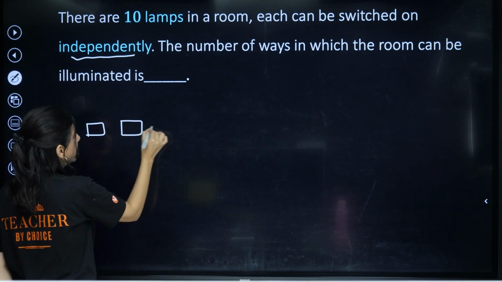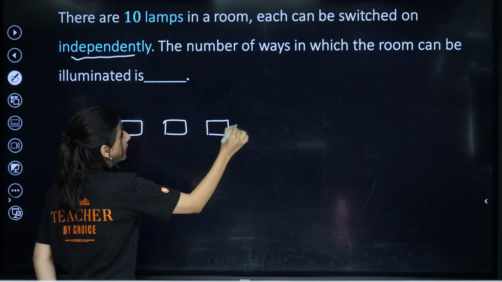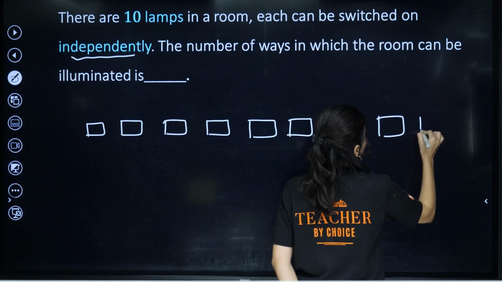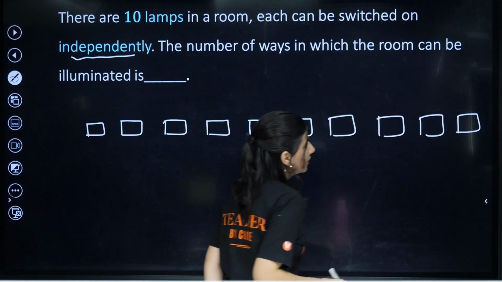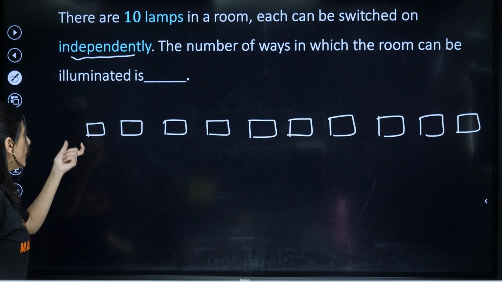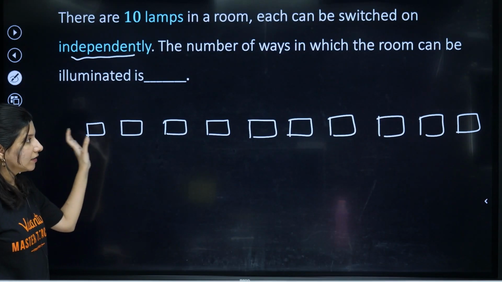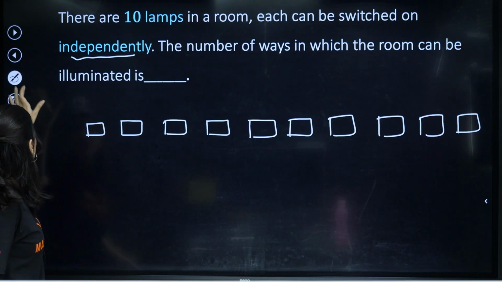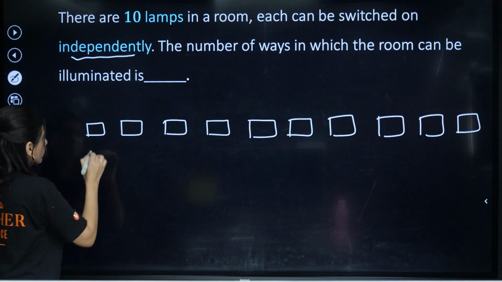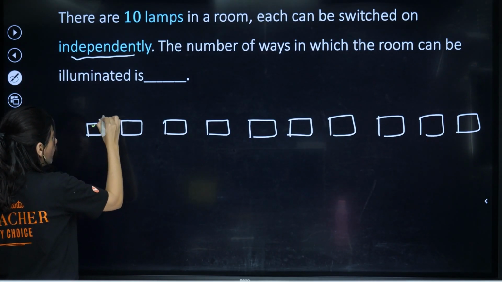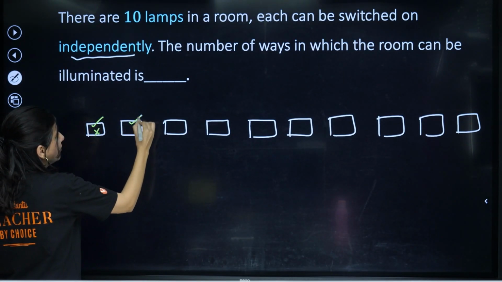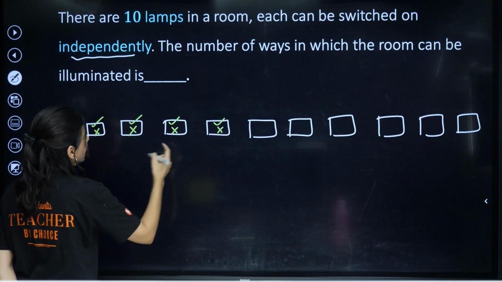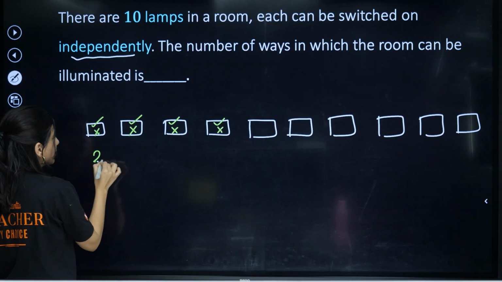Lamp 1, lamp 2, lamp 3, lamp 4, lamp 5, lamp 6, 7, 8, 9 and 10. Okay. So individually I will treat it, each lamp will be treated individually. If I talk about this lamp, it can be switched off or on. So this lamp has 2 options.